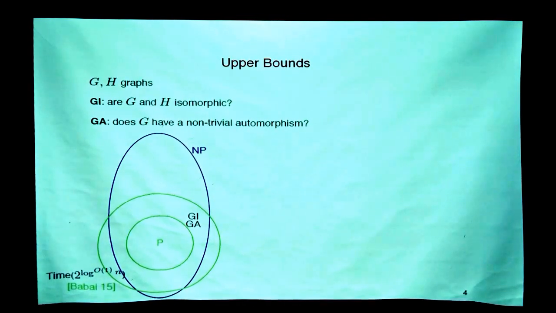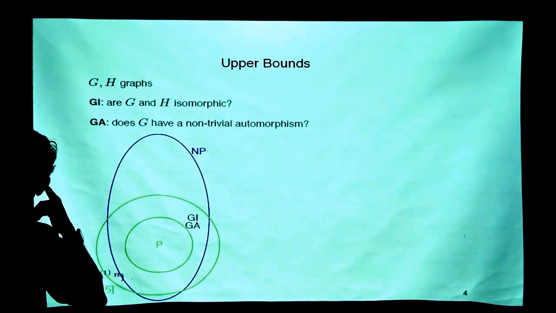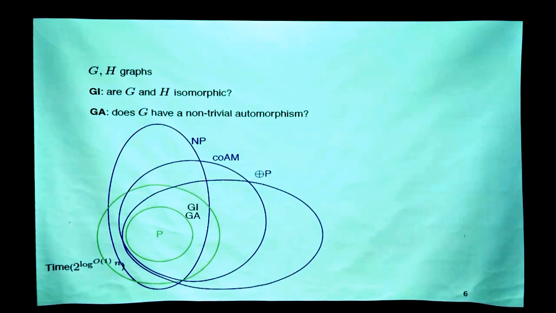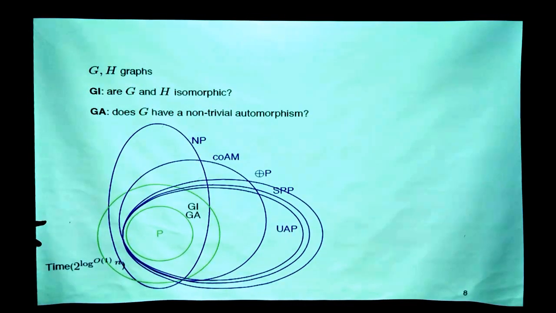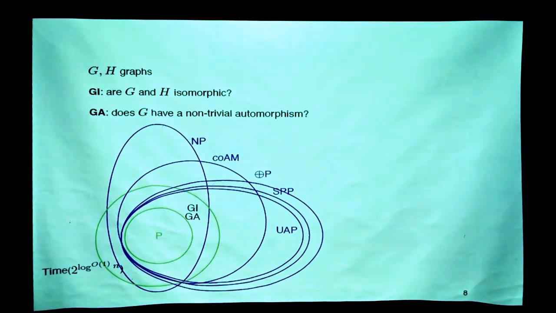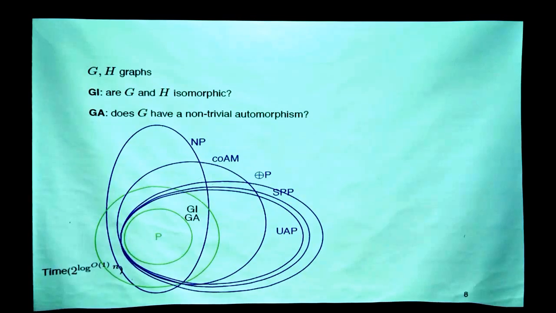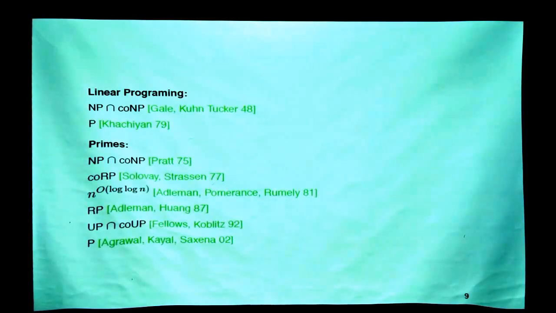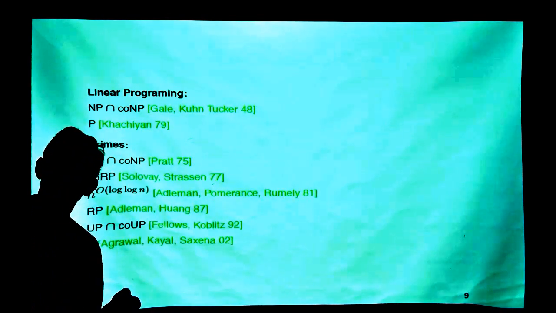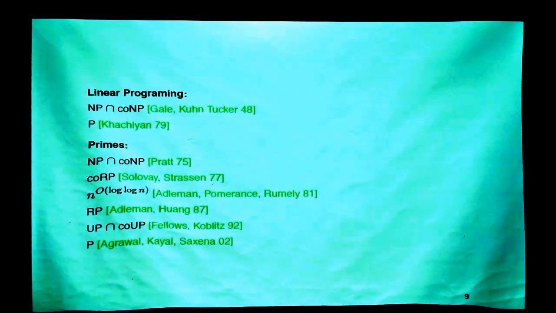So in this talk, I will be talking about complexity classes that are maybe not as well known, showing that graph isomorphism belongs to all these classes. And what is the point in doing that? There have been other examples in history, for example, for classifying linear programs.